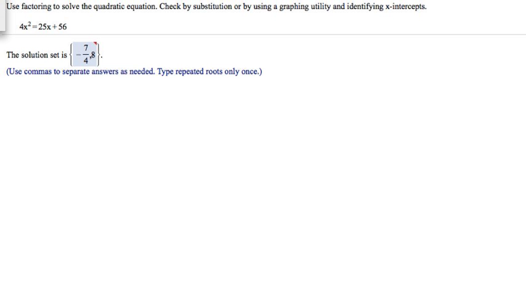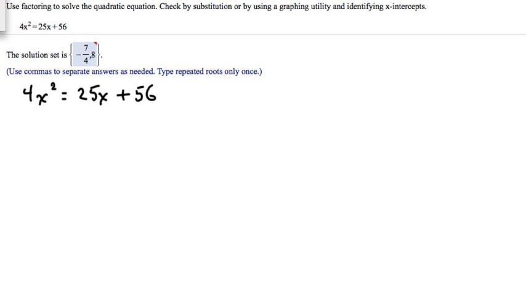However, we're going to actually do the problem and see if we come up with the same solution that they do. So first thing I'll do is rewrite the problem. 4x squared equals 25x plus 56. The thing we'd like to do next is get everything on the side with the positive x squared.